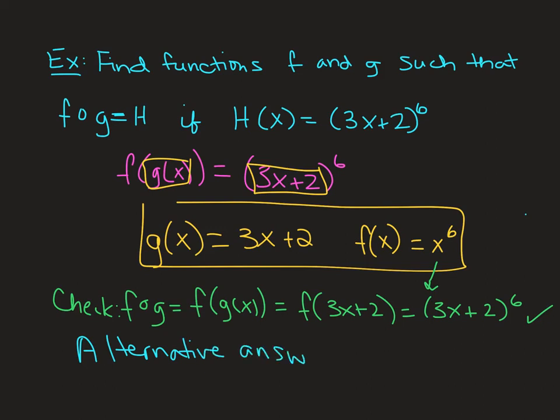An alternative answer is if you have something like (3x plus 2) squared for your g, and if you have something like x cubed for your f, believe it or not, that will actually give you the same answer as what you have here. The only thing is it's a little bit more complicated, so I recommend that you just use the easiest thing that you possibly can on these.